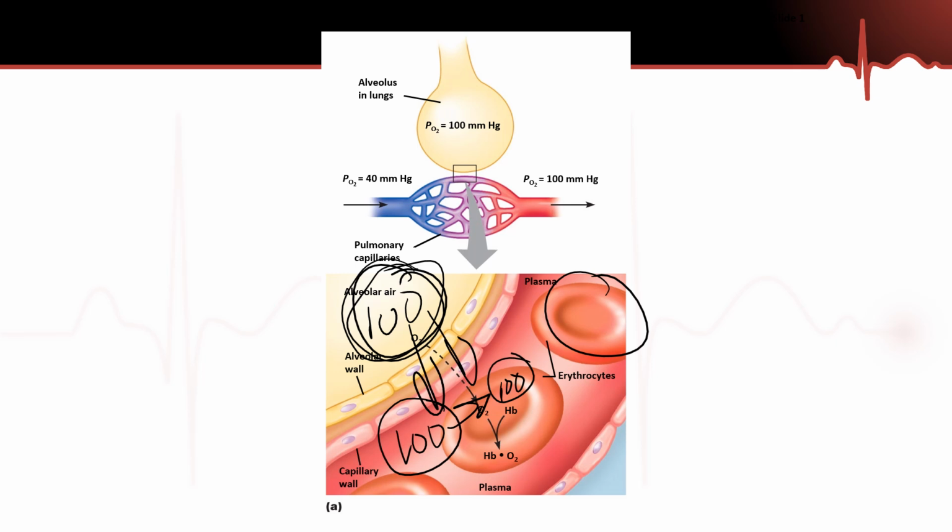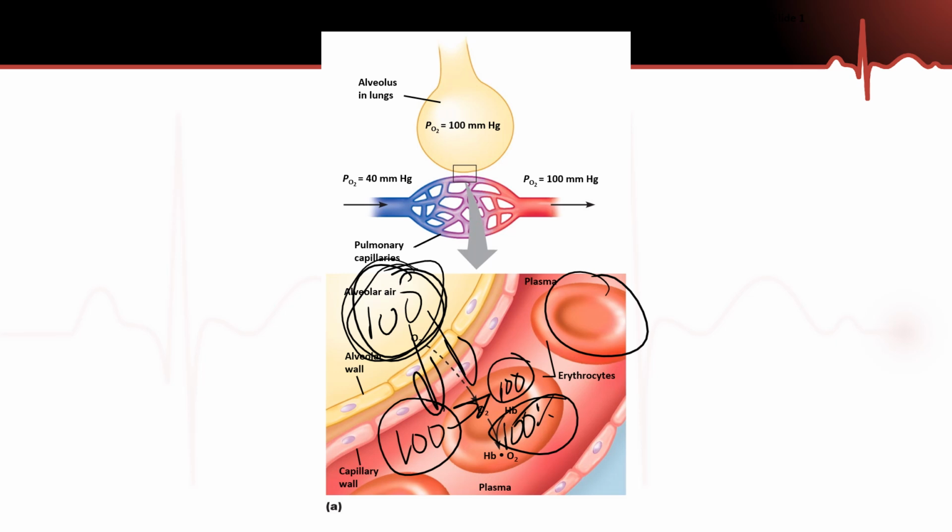And that increase in the partial pressure of oxygen within the blood plasma and the intracellular fluid of the red blood cells tells the hemoglobin proteins, essentially, you need to go from being 75% saturated to 100% saturated. It causes a conformational shift within the hemoglobin proteins, and they begin to bind more oxygen.